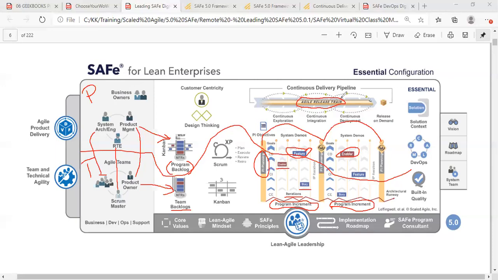How many people do we have? When we scale, we have around 50 to 125 people, so it's around 100 people. Everyone who is a stakeholder in delivering value to the customer is part of this train. We talk about developers, testers, architects, the operations team, infrastructure team, compliance team.